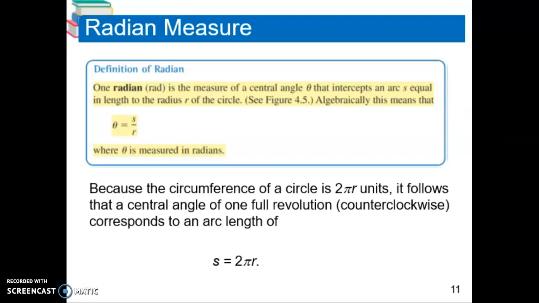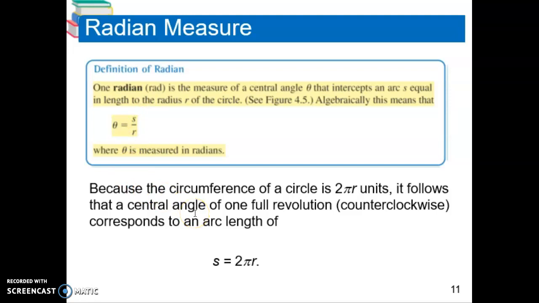The official definition of a radian is that 1 radian is the measure of a central angle theta that intercepts an arc, s, equal in length to the radius, r, of the circle. Algebraically, this means that the angle measure theta is equivalent to the intercepted arc divided by the radius.